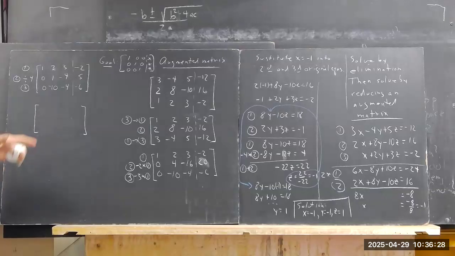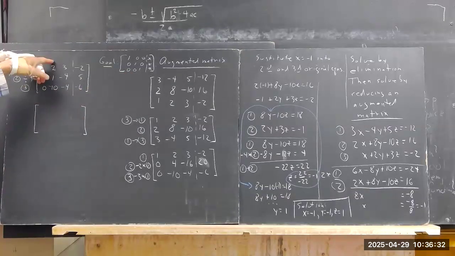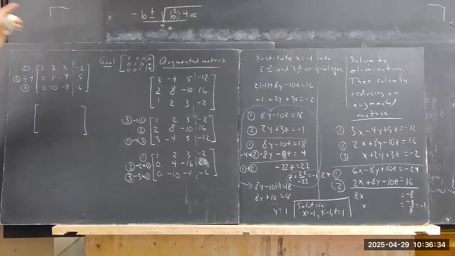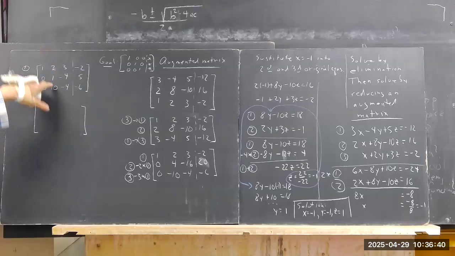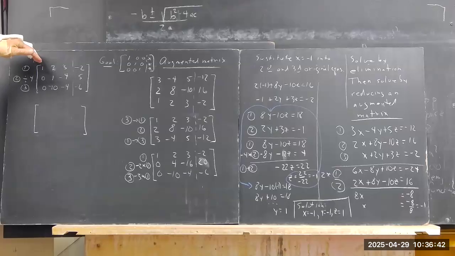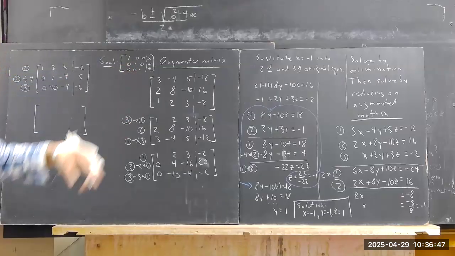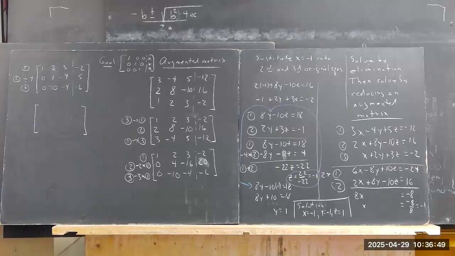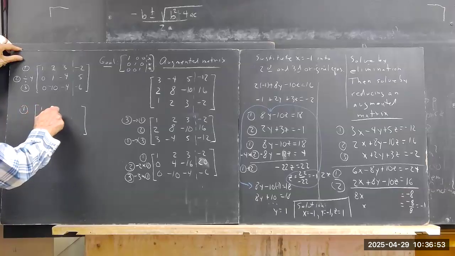Next, I want a 0 here. I could get a 0 up here as well, but there's going to be an easy place. So I'm going to work to get the ones in the diagonal and the zeros below the diagonal. Row 1 will stay the way it is.